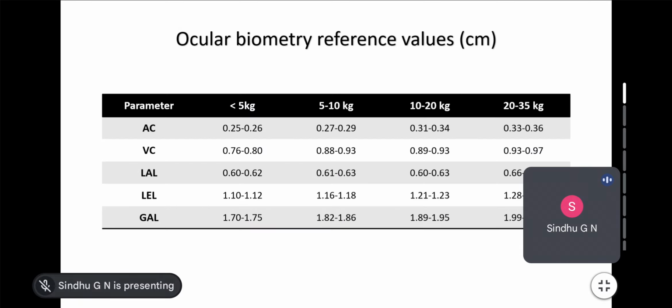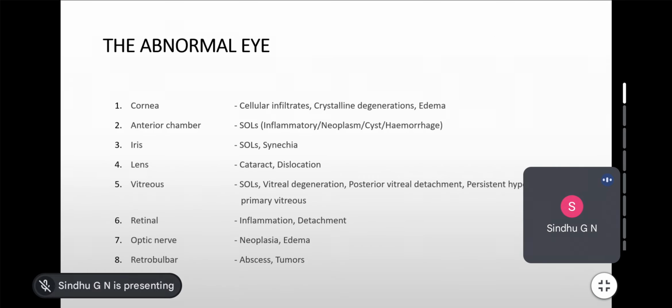Coming to abnormal eye. Abnormalities in the cornea like infiltrates or degenerations or edema are a little difficult with a low frequency probe. A higher frequency probe is required. Anterior chamber space occupying lesions, iris lesions, synechia or attachment of the iris to the cornea or the lens. Then lens cataract or dislocation of the lens, or the posterior capsule of the lens if it is ruptured or damaged, that we can see.